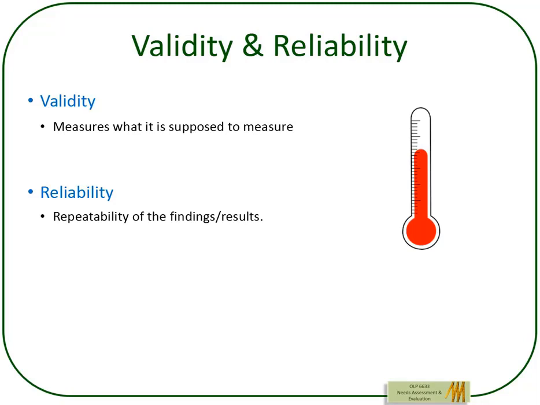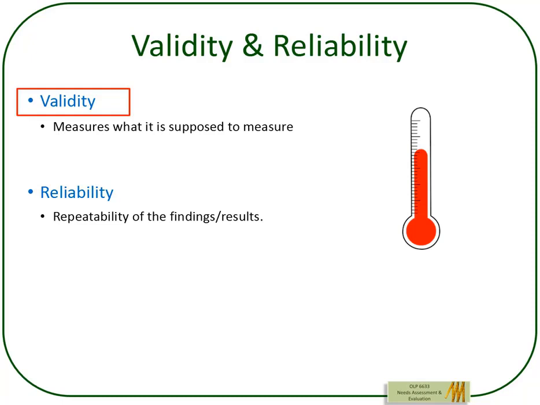So for example, if we think of a thermometer, in terms of validity, a thermometer measures temperature. So it measures what it's supposed to measure. But a thermometer does not measure weight, it doesn't measure intelligence, it doesn't measure length, it doesn't measure height, it measures temperature. So it's the same thing when you're putting together a test or a quiz or an instrument, or as we'll talk about in a minute, an evaluation design.